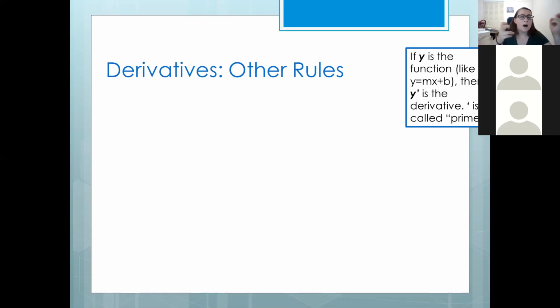So if y is our function, like y equals mx plus b, that's a function that you've hopefully seen before in Algebra 1. If you want to take the derivative of the function y, we would call it y apostrophe. And that apostrophe we just call prime. So y prime means find the derivative of the function y. That's another notation that you might see.